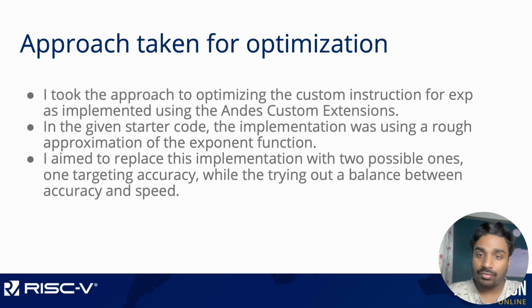And the second approach was a very common approach in which I decided to get a balance between the accuracy of the exponential function and the speed of the function. Let's dive into the first approach.